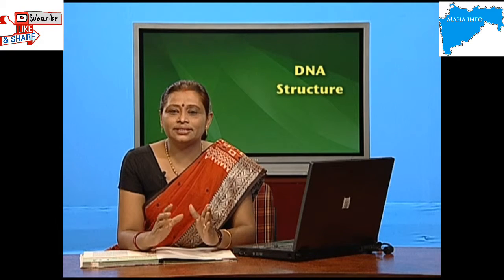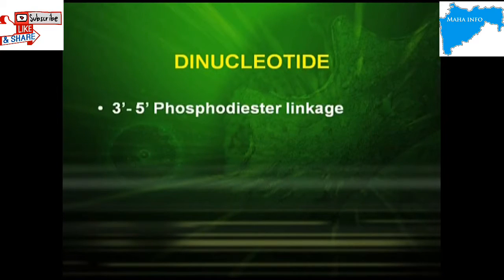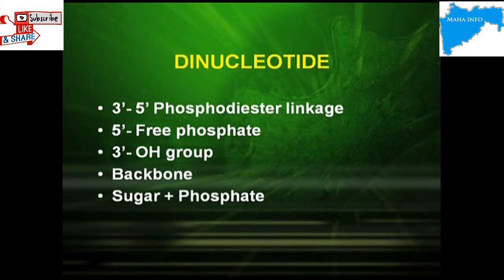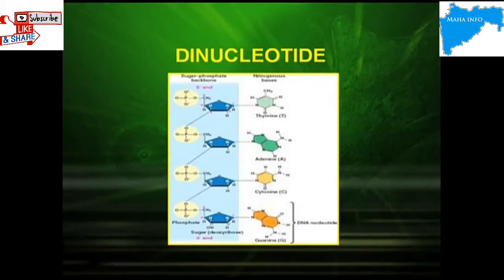Now, let us see how two mononucleotides are joined together to form a dinucleotide. A 3'-5' phosphodiester linkage joins the two nucleotides together. There is a free 5' phosphate group and the backbone is made up of sugar and phosphate. Let us understand with the help of the following picture.